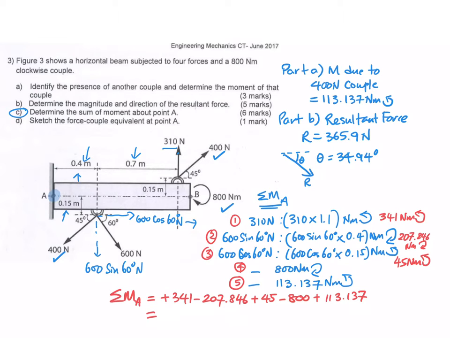So that will give me minus 508.709 Newton meter, which means it is a 508.71 Newton meter clockwise. Okay, that's the sum of moment around point A.